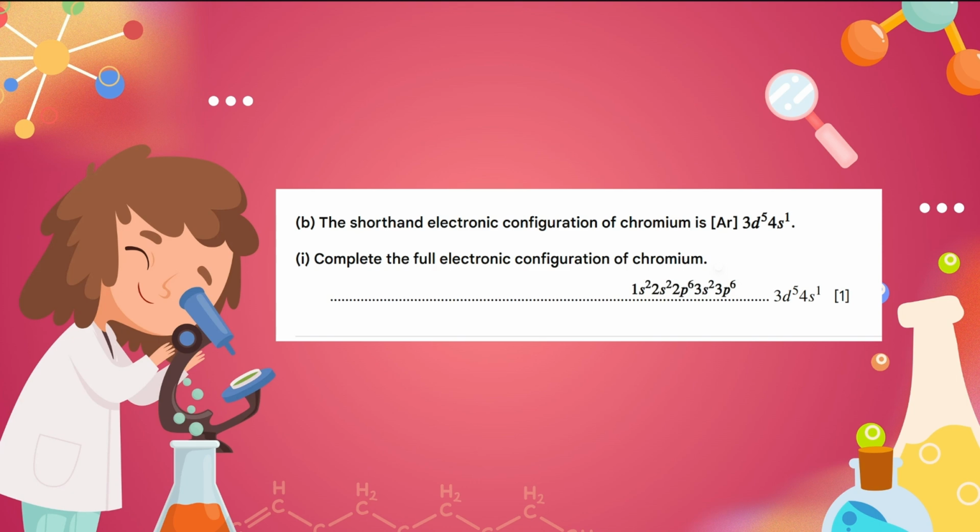Right there it says here Ar is 18, so we just make the configuration until 18, which is 2 plus 2, 4 plus 6, 10 plus 2 again, 12. How to make this? It's just from the electronic configuration, 1s, 2s, 2p, this, and then just followed by the electrons right there. That's how you do it. So this is the full electronic configuration of chromium.